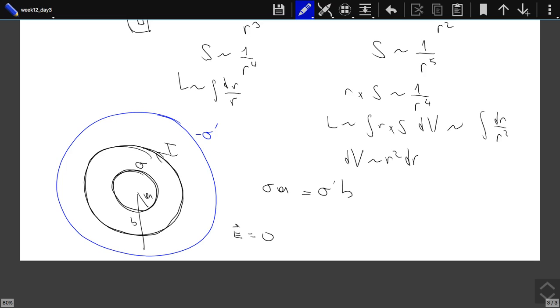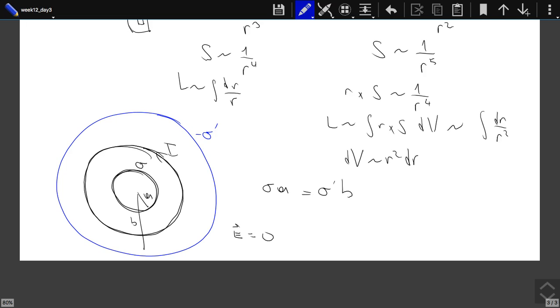Do you agree? You see, what does Lenz's rule say? It says that if there are induced charges in the system, the induced charges will be such that they will try to resist the change that creates it. So what is the change that is creating this induced electric field in terms of the flux? It's the reduction of the flux.